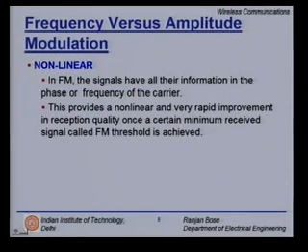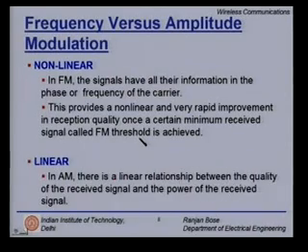This provides a nonlinear and very rapid improvement in reception quality once a certain minimum received signal, called the FM threshold, is achieved. From the linearity perspective, in AM, there is a linear relationship between the quality of the received signal and the power of the received signal. So, how fast the improvement takes place depends on whether you are using AM or FM.